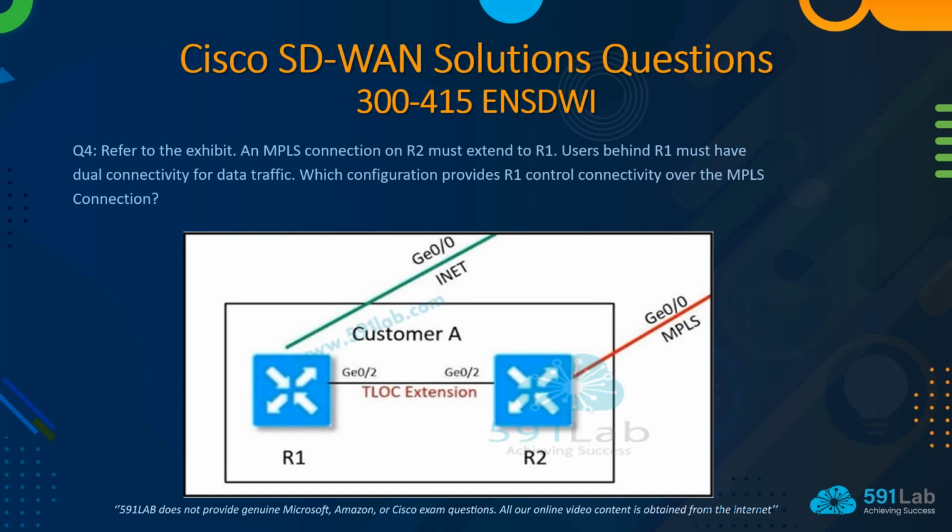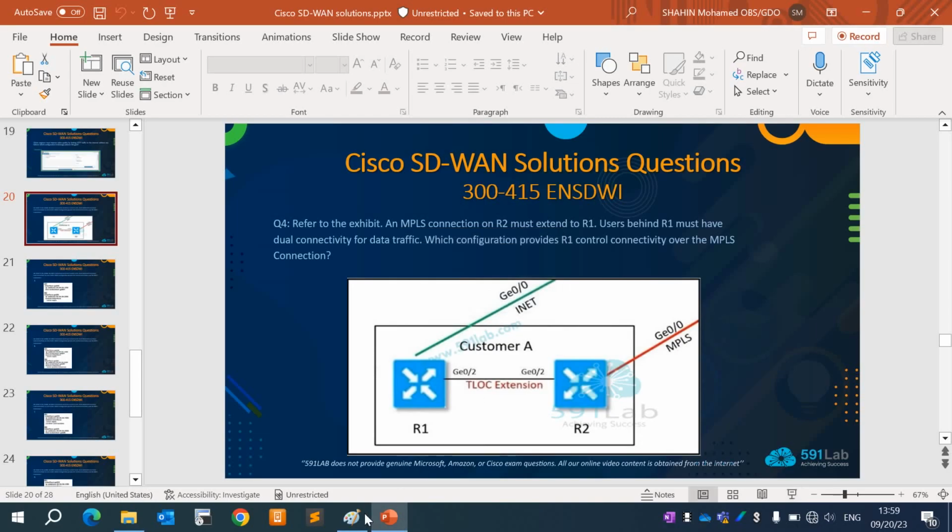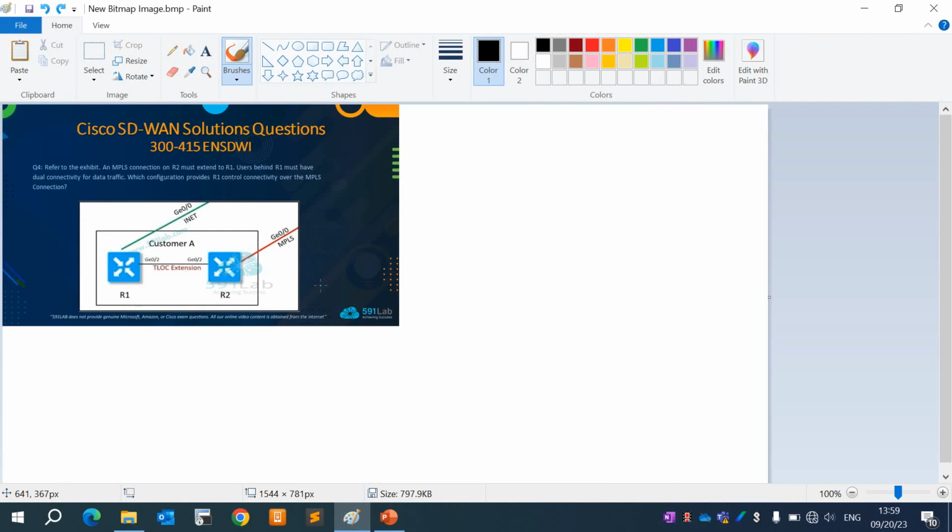Okay, for this, I prefer to use the whiteboard. Let's take it here. Okay, we need to extend this MPLS color to R1, so that R1 has dual connectivity.